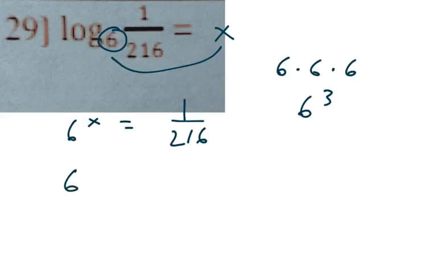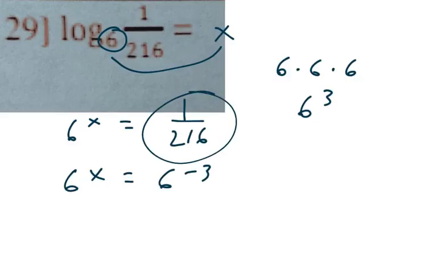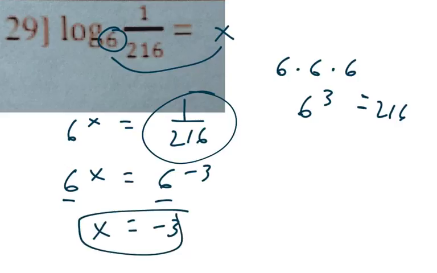Well, we therefore have 6 to the x equal to 6 to the negative 3. Again, notice I have the reciprocal of 216 here. Again, if you agree 6 to the 3 power is 216, I have 6 to the negative 3 there. So if you look at what I have here, that means x must be negative 3.